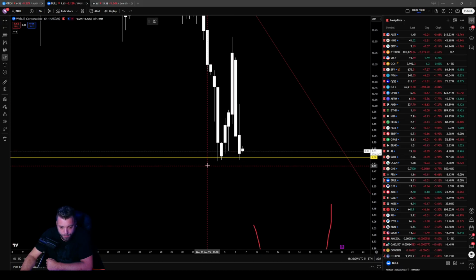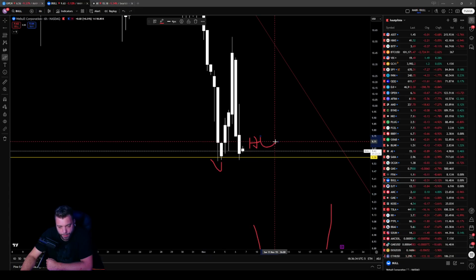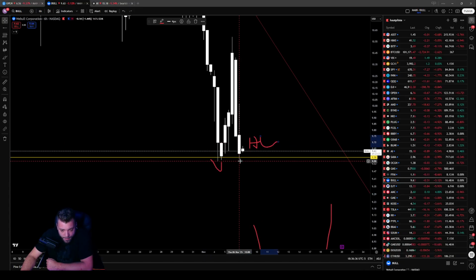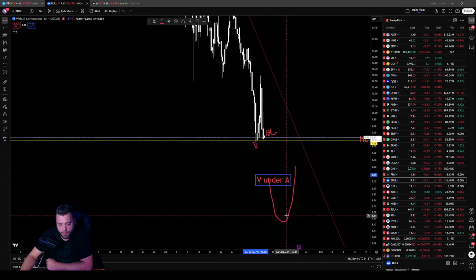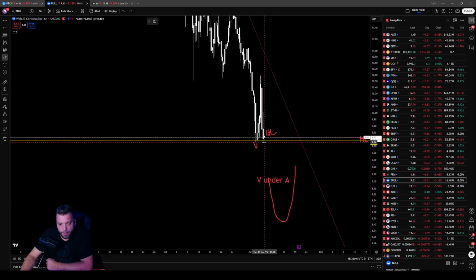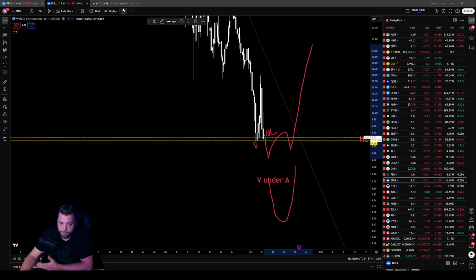But to have an alt, okay, as long as we are not touching or breaking under 9.55, this was our V. And we would be in our higher low right now. If we touch 9.55 and I expect to break it, this would then be our V&A. There we would get the bounce, then higher low, and then we go.